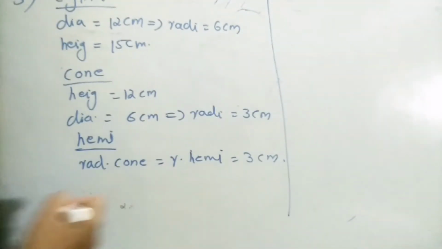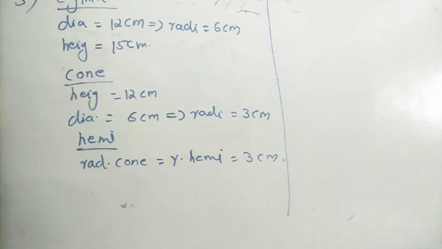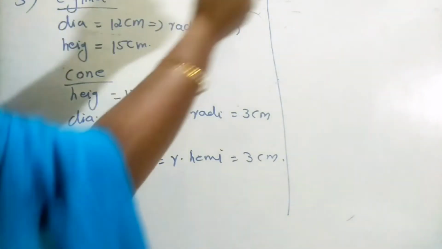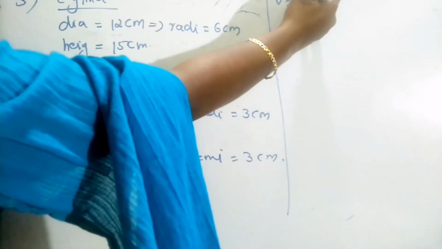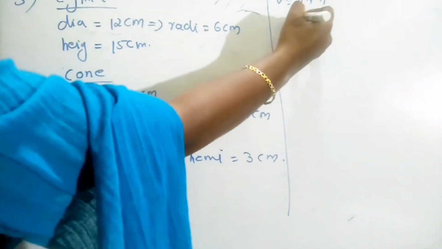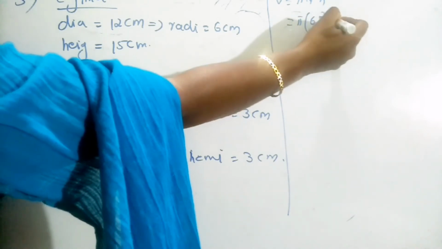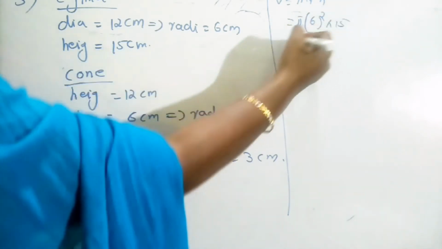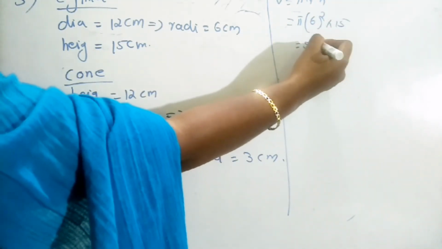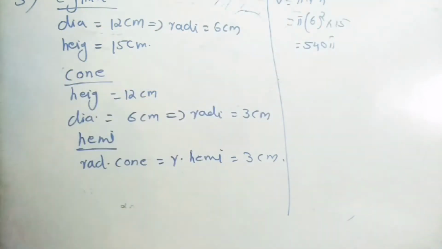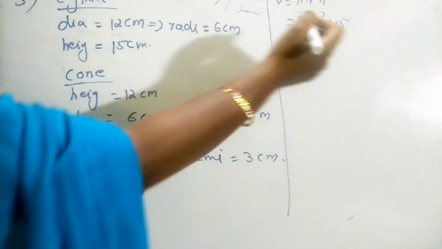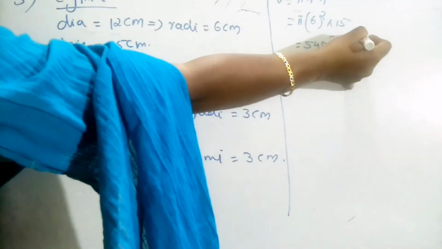We are going to use this information to find the volume. First we find the volume of the cylinder. The volume of the cylinder is pi r square h, which is pi into 6 square into 15. This is equal to 540 pi centimeter cube.